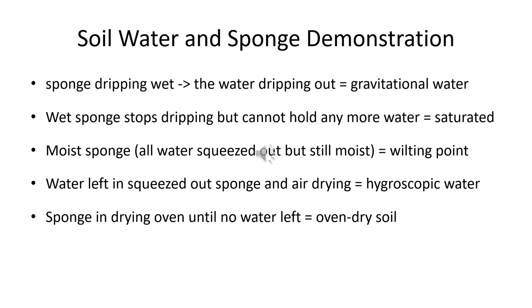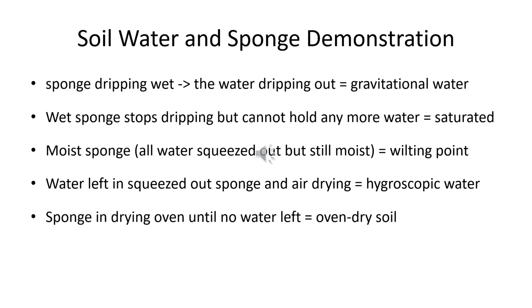Okay? Now, you let that sponge sit there until no more is dripping out. That sponge is full. If you touch that sponge, some water is going to drip out, but don't touch it. And it's just sitting there and water's not coming out. That's you reaching that saturation point. And now water is being held by cohesion.